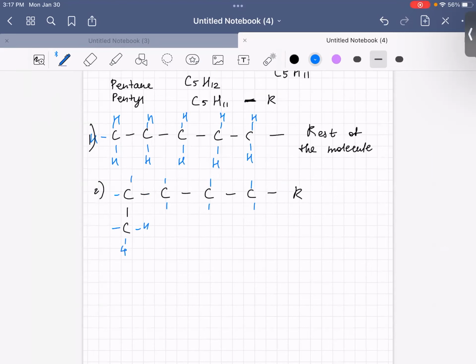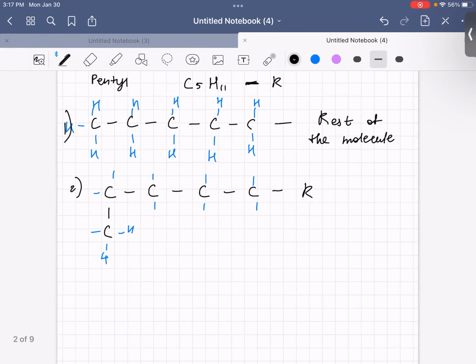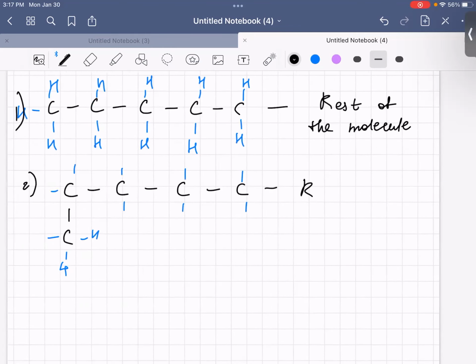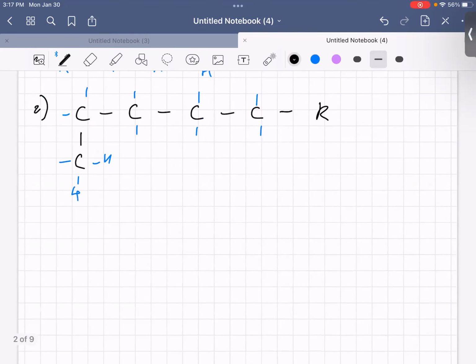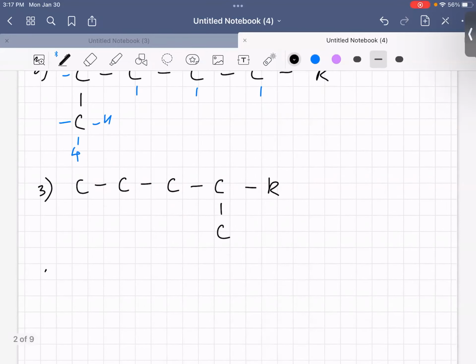So going further, I'm not going to be drawing the hydrogens, although you're supposed to, but let's just speed up the process because it's pretty straightforward how to draw it. The next one is going to be just like this one, but the C is going to be attached here, right? So it's pretty obvious.